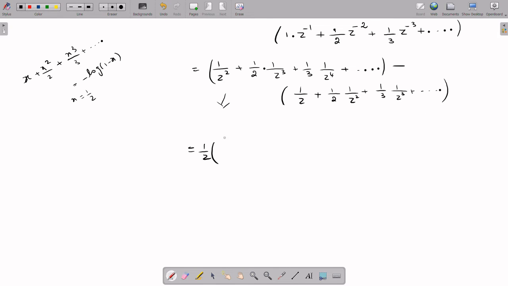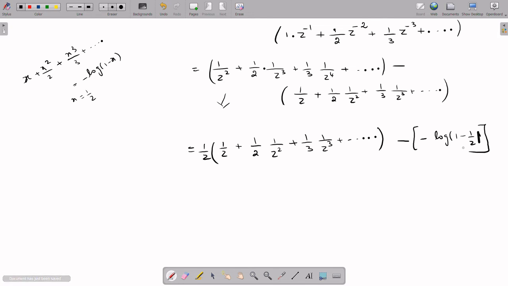When you take 1 by z outside, the remaining you have is 1 by z plus 1 by 2 into 1 by z square, because 1 by z is taken outside, plus 1 by 3 into 1 by z cube plus etc. Minus, and you know that this term can be written as minus log of 1 minus 1 by z.